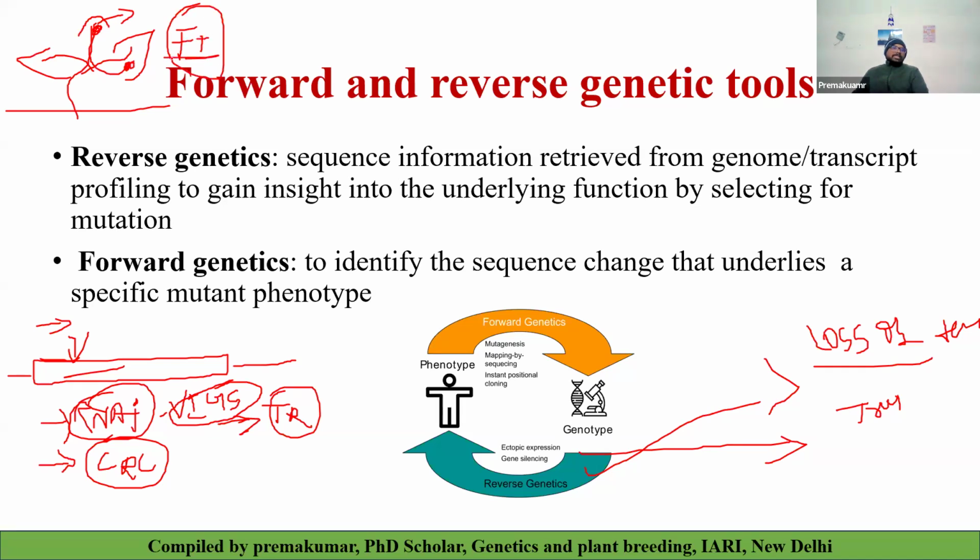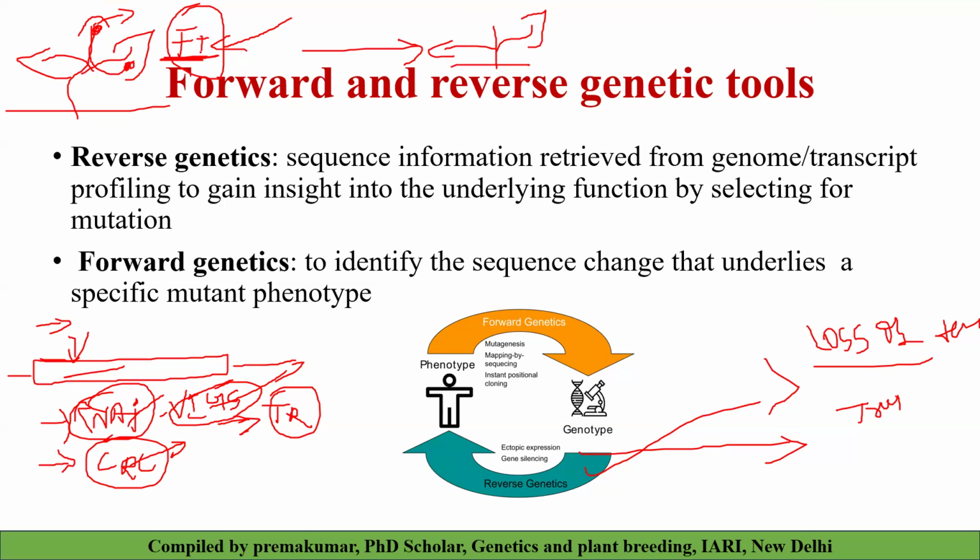For example, you know this gene sequence, but you don't know the function. What can I do? I can mutate this FT gene either through RNA interference, CRISPR, or virus-induced gene silencing. Then, if you mutate the gene, what will be the nature of the plant? I told you the function of the FT gene. It will be sterile; it will not produce any flower.